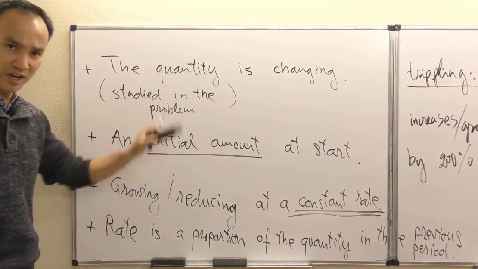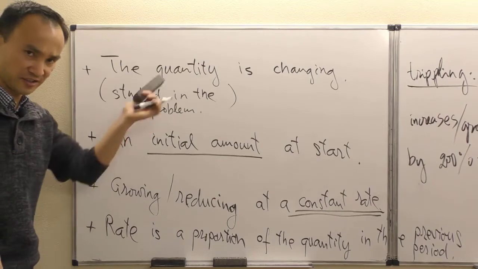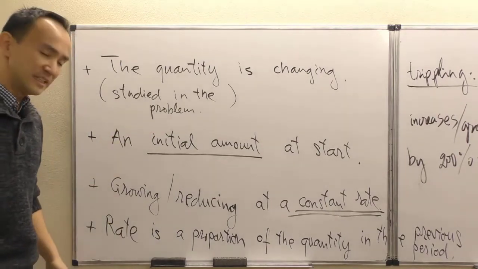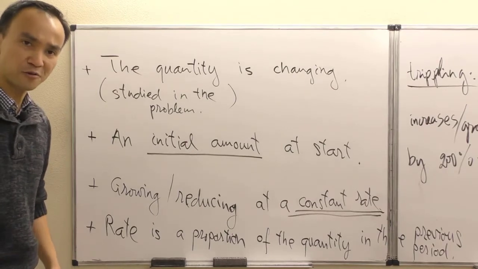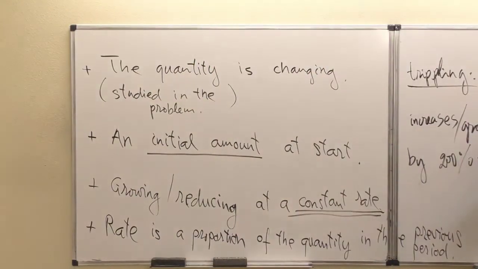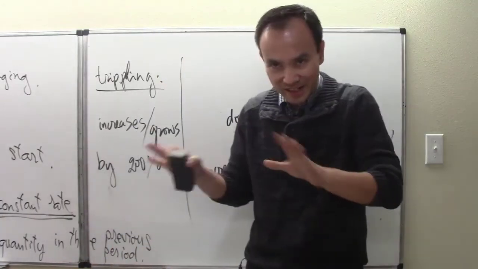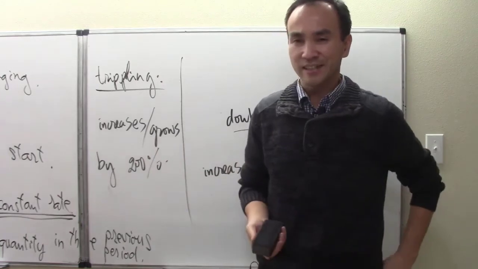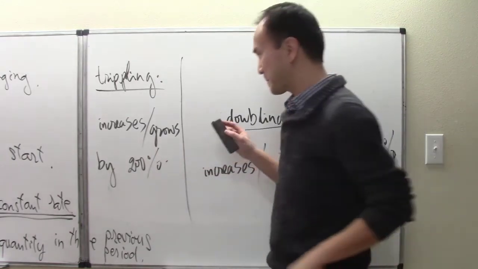But once you start working with exponential functions, look for these 4 major characteristics, and they should live in any of your exponential problems. Now that we recognize some major characteristics of those problems, let's break it down even a little more here.